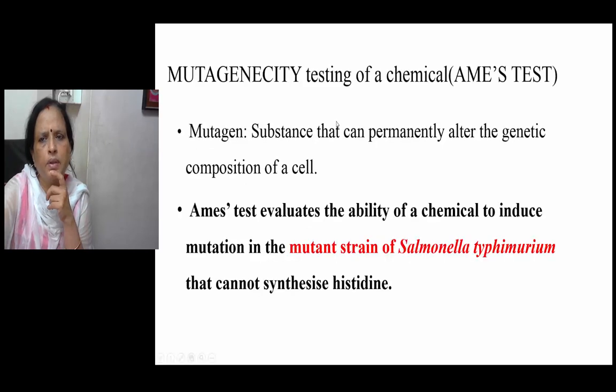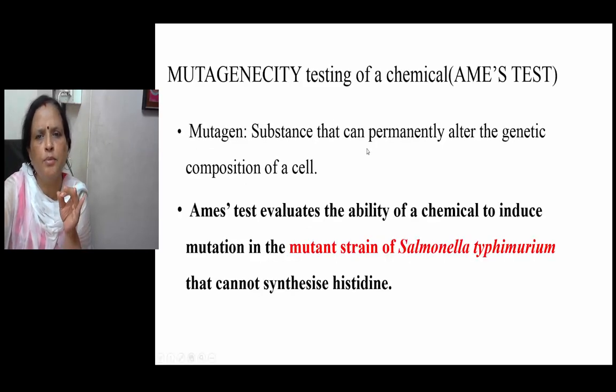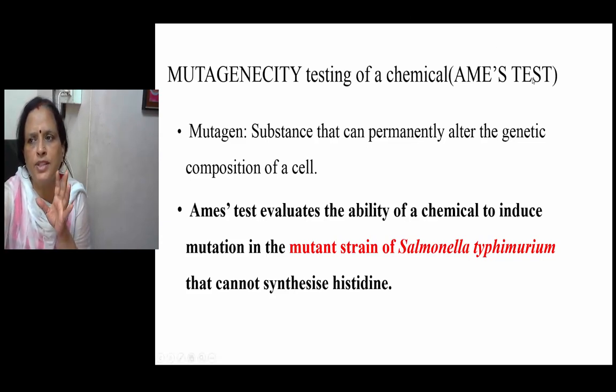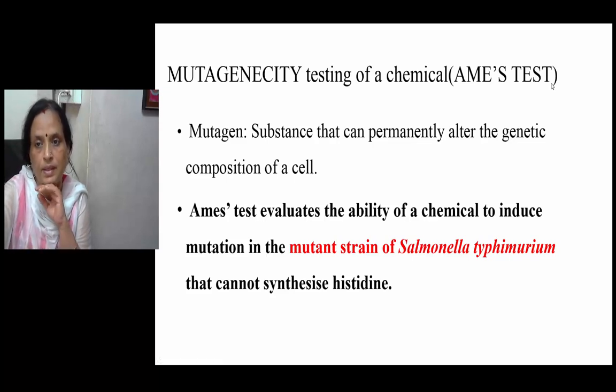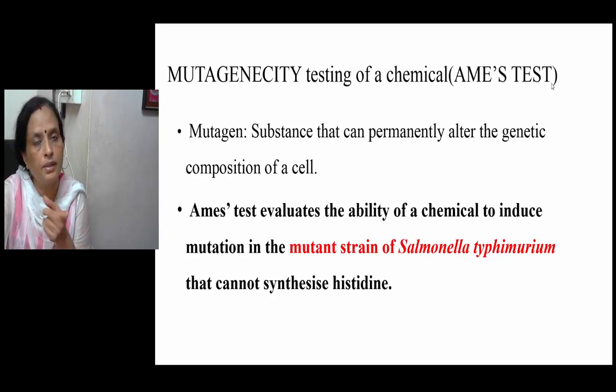And this is actually mutagenicity testing of a chemical. The name of the test is Ames test. What is a mutagen? It's a substance that can permanently alter the genetic composition of the cell.